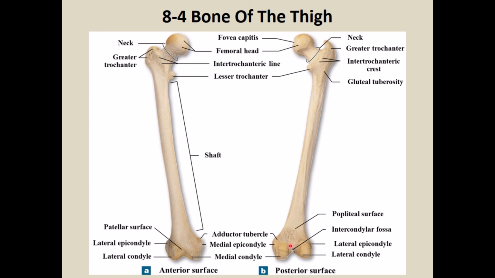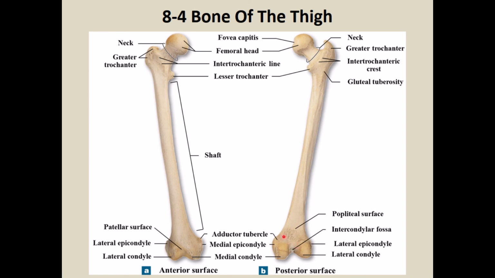You can recognize other structures easily, but the anterior and posterior view is a little bit difficult. So although you have this gluteal tuberosity and intertrochanteric crest posteriorly, the best one to look at is this one. So if you want to know which is the anterior and which is the posterior view, first look at this. Okay, so this is the intercondylar fossa.